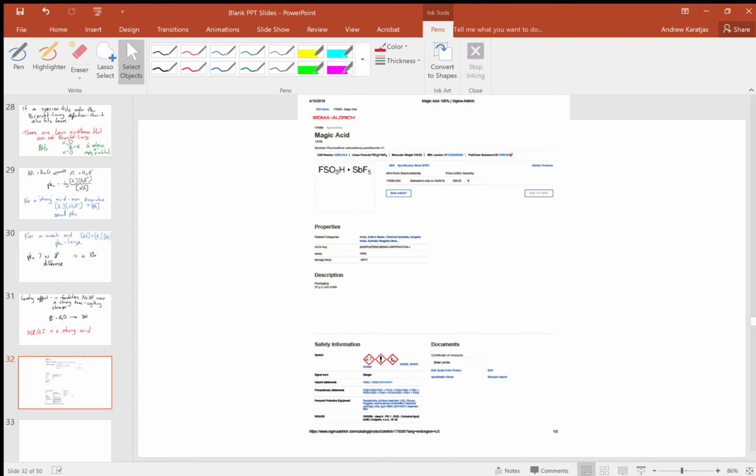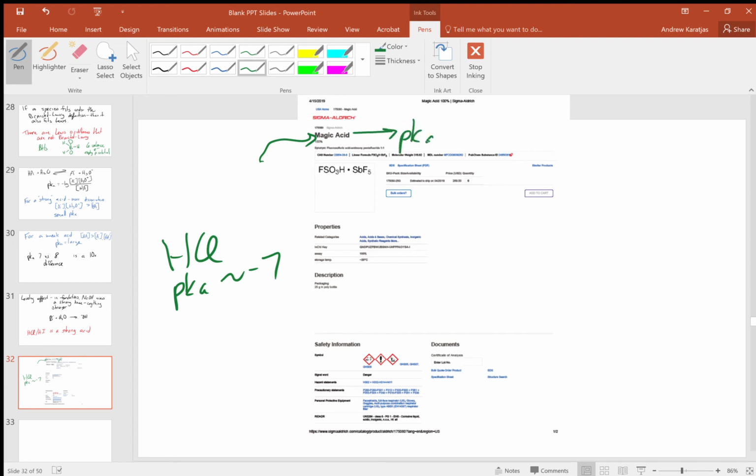But yes, the name of this compound is magic acid, and whereas HCl has a pKa of about -7, magic acid has a pKa somewhere around -22. So we're talking about more than 1 trillion times stronger than HCl. And HCl is pretty strong.